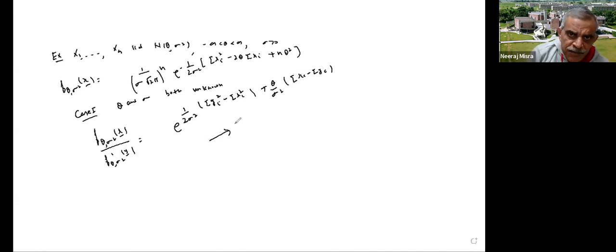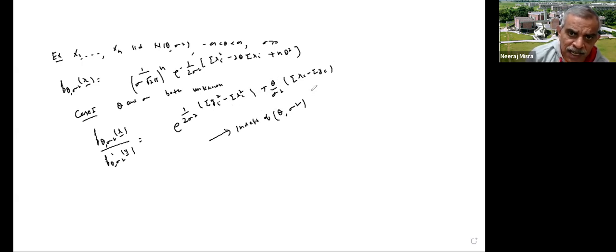Under what condition would this be independent of theta and sigma square? Because theta and sigma square both are unknown. Now note that this will always play a role.